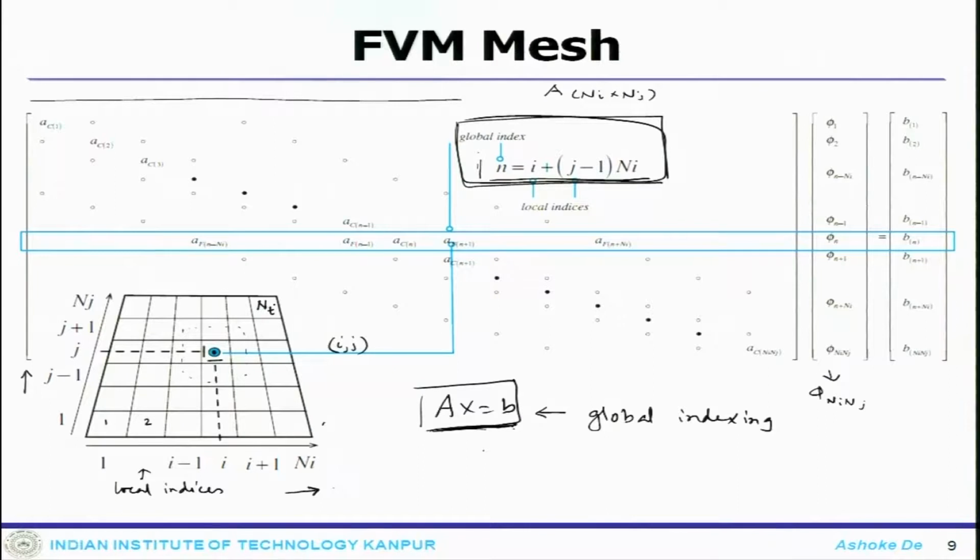So the variables for each element, phi 1 to phi n_t, are also in the global indexing system, according to the right hand side vector. Since the matrix requires the global indexing system, it is always necessary to transform the local indexing to the global indexing.